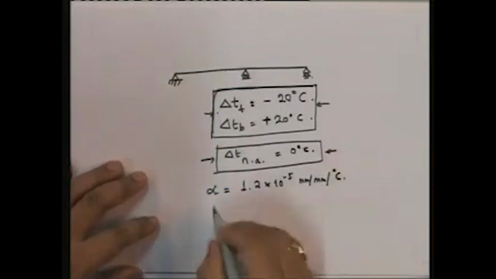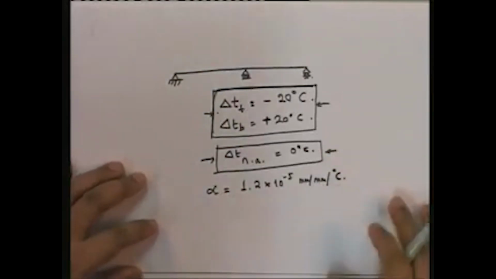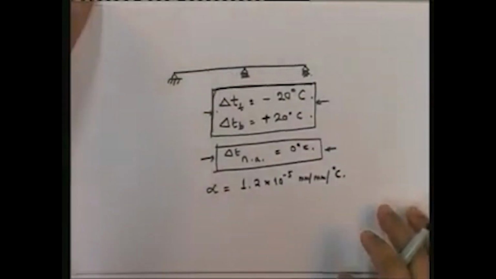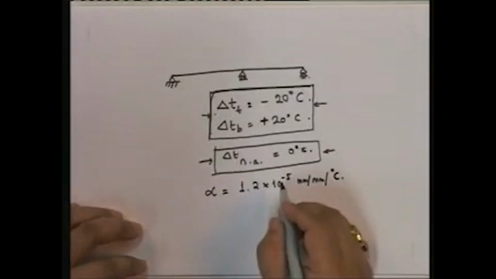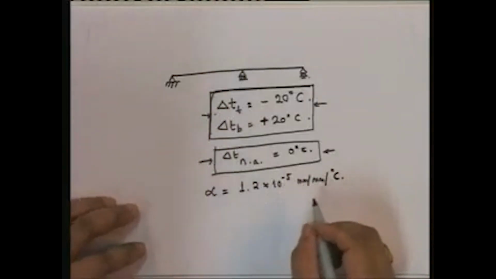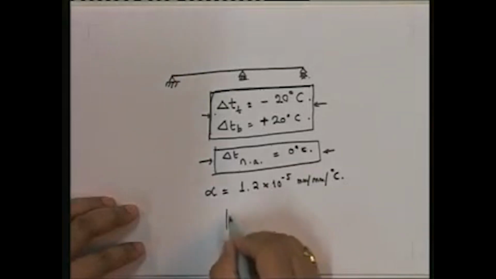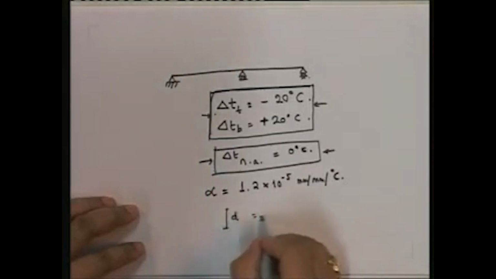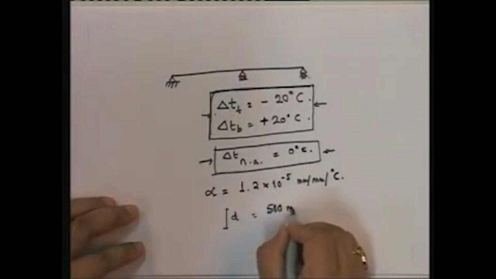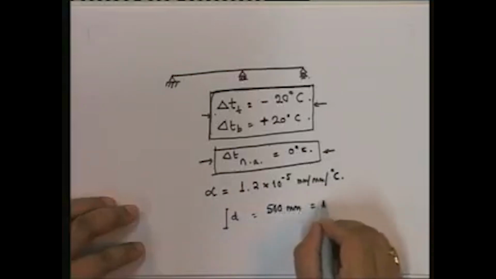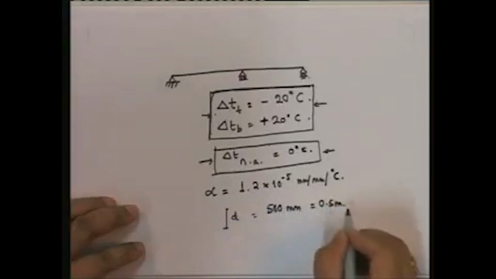So that's alpha. That's all I'm going to set up, and this is all that I need right now. And let us say that the depth of the beam is equal to 50 centimeters. So that's going to be 500 millimeter, which is equal to 0.5 meter.